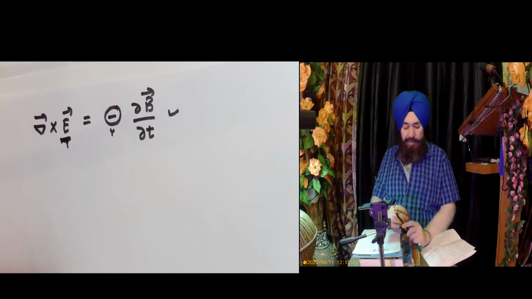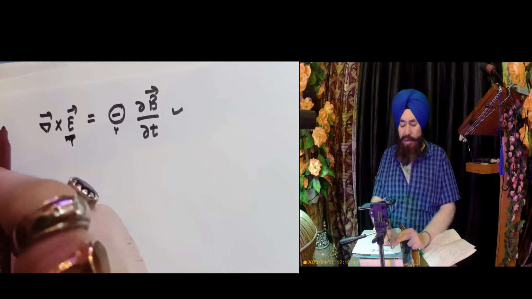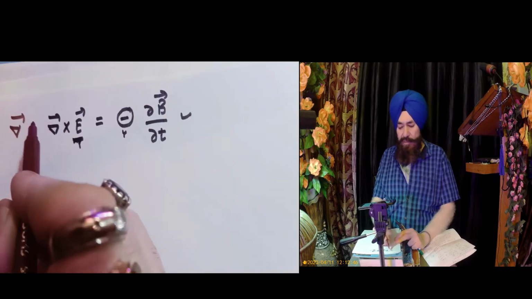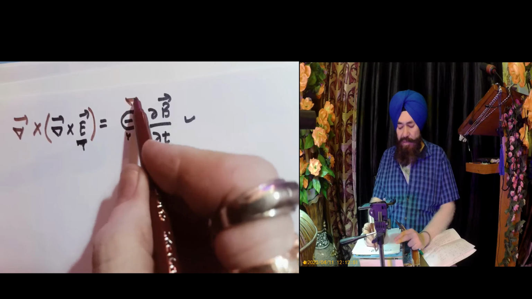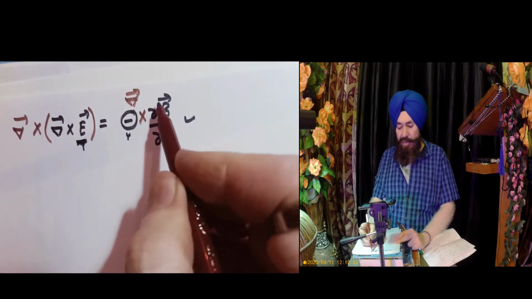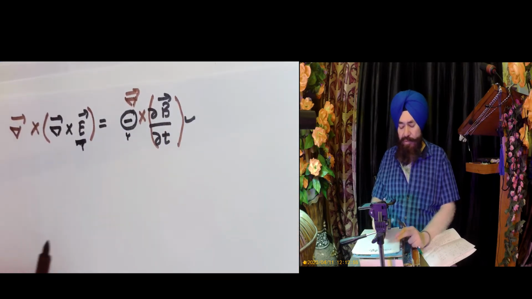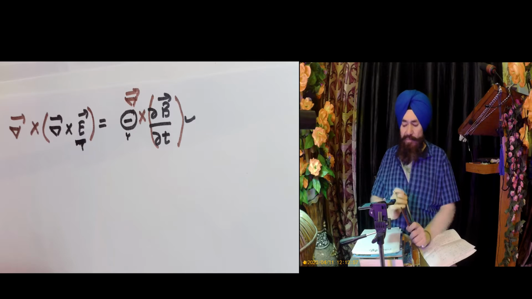Now I am going to take del cross on both sides, del here and del here. Okay, now what does it become?